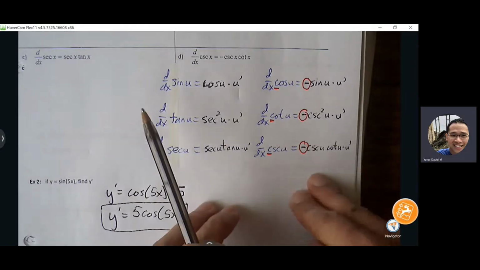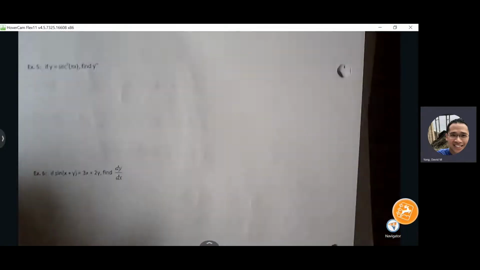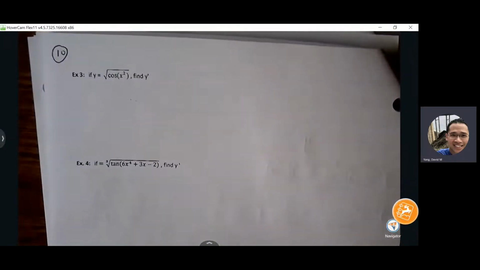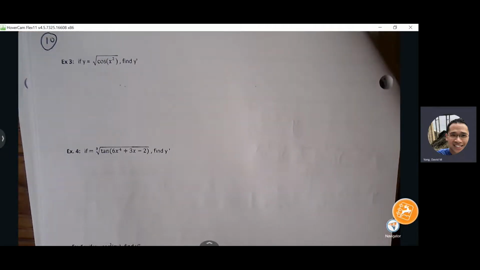Okay, back page, page 10. The nice thing about covering trig at the end of the semester is it's a way to review and recap a lot of the first semester material from a trig perspective.